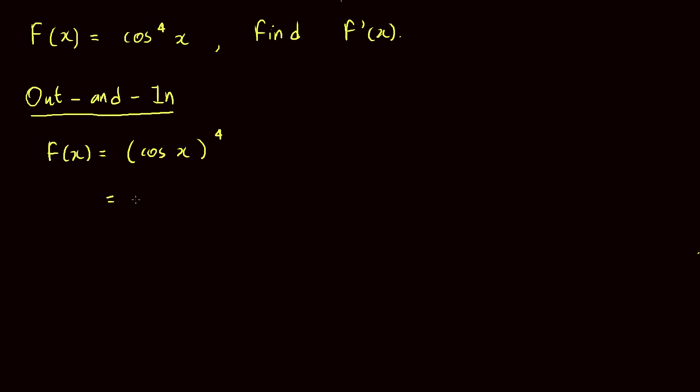We differentiate the outside power, so it becomes 4 cosine cubed x. Then we differentiate the inside, which is x, so we multiply by 1. We're just left with 4 cosine cubed of x.